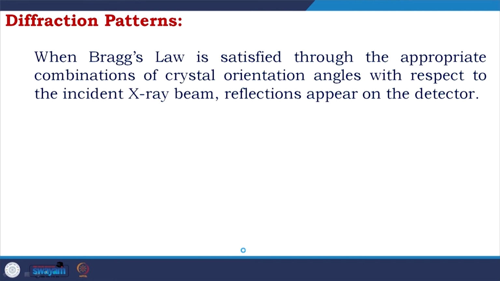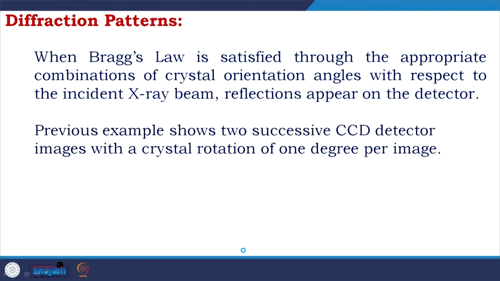When Bragg's law is satisfied through the appropriate combination of crystal orientation angles with respect to the incident X-ray beam, a reflection appears on the detector. The previous example shows two successive CCD detector images with a crystal rotation of 1 degree.